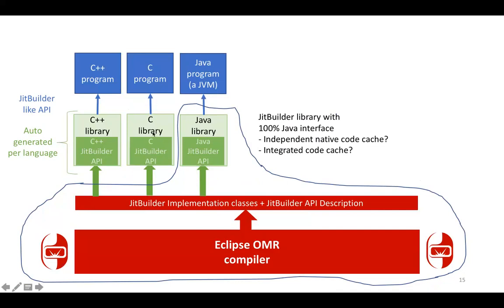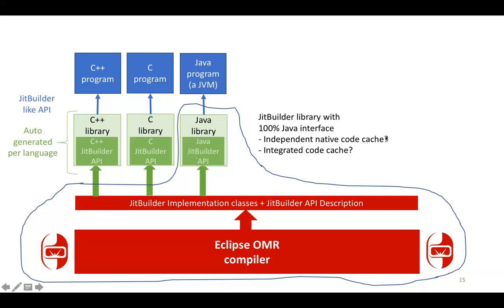And so here we can use another generator to write a Java JitBuilder API from this API description, and then link that all together in a Java library, which can be consumed by a Java program to generate native code. And here you have a couple of options because the JVM itself has a JIT compiler.